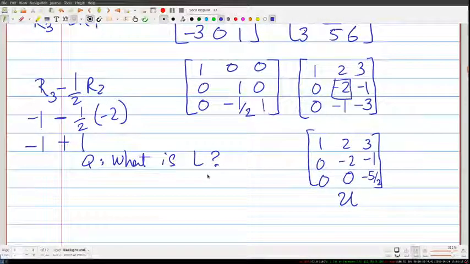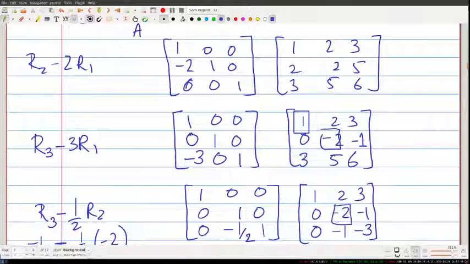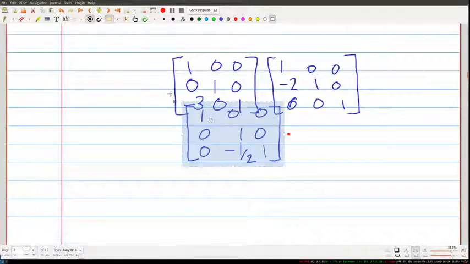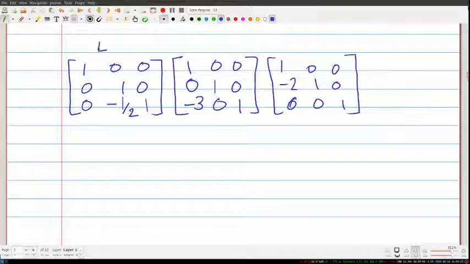I need to reverse all the elimination steps. So here are my elimination matrices. This elimination matrix, this elimination matrix, I'm going to combine them together. These are the 3 elimination matrices. So let's call these E21, E31, and E32.